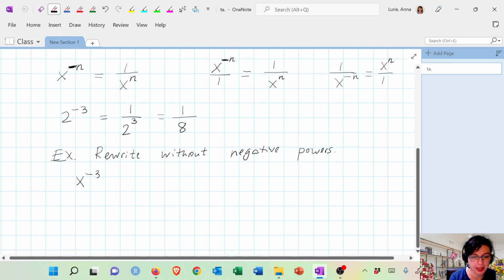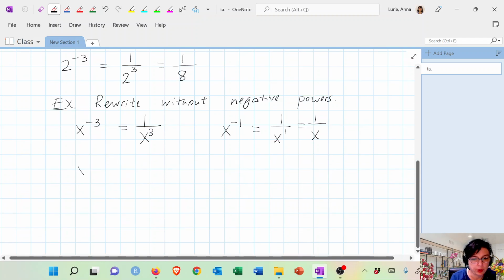What is that? That is 1 over x cubed. Okay, we can do another one. How about x to the power negative 1? That is 1 over x to the power positive 1. But power 1 is just the same as the number, so that's just x. So x to the power negative 1 is 1 over x.